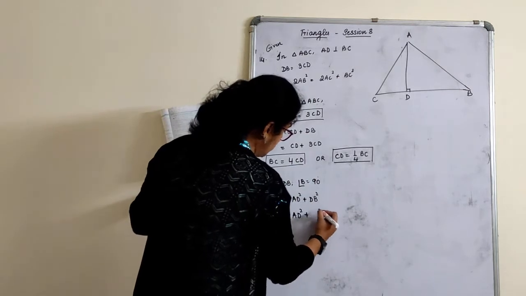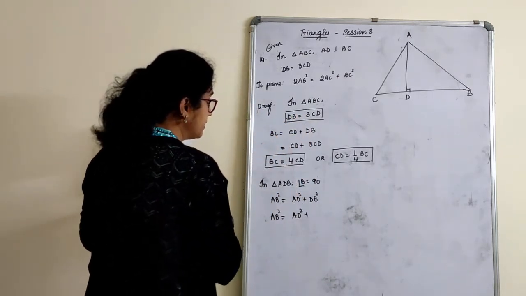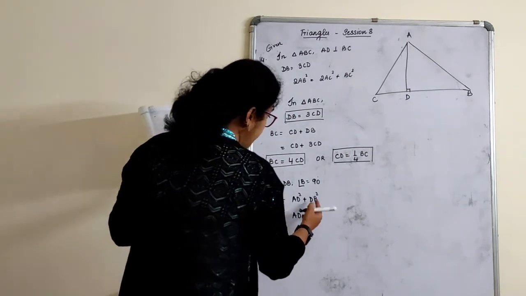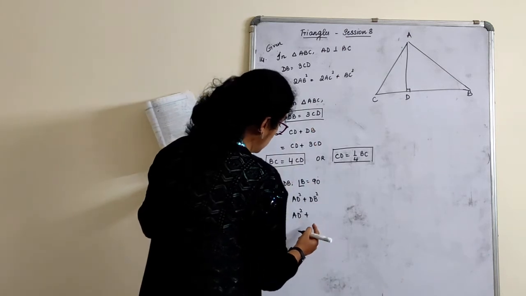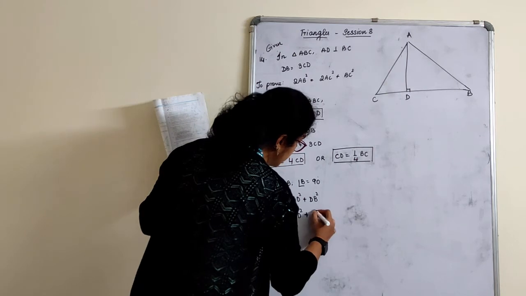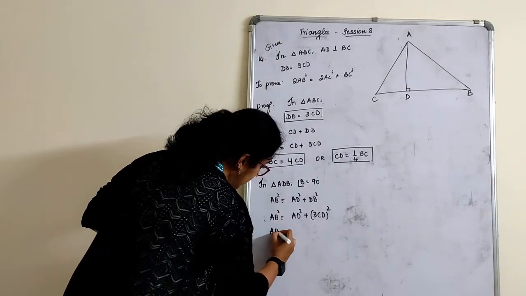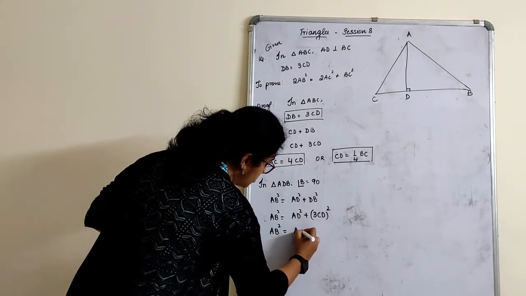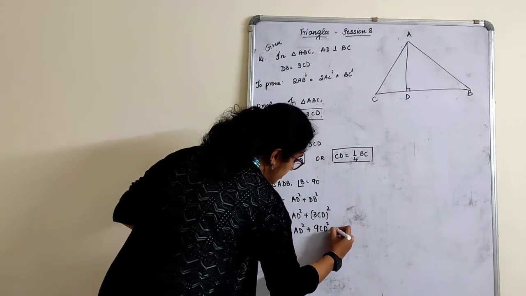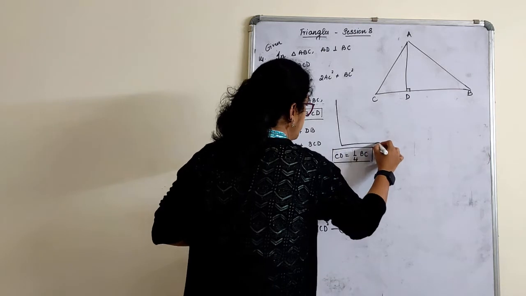DB is equal to 3 times CD, so 3 times CD whole square. So we will write this as AB square is equal to AD square plus 9 CD square, equation 1. So next part I will do it here.